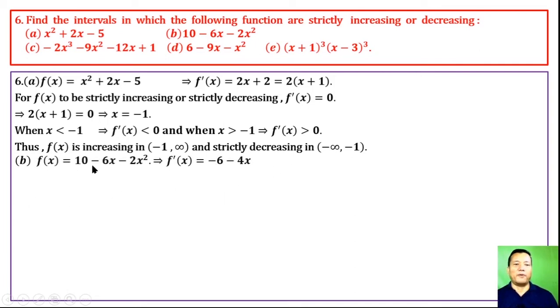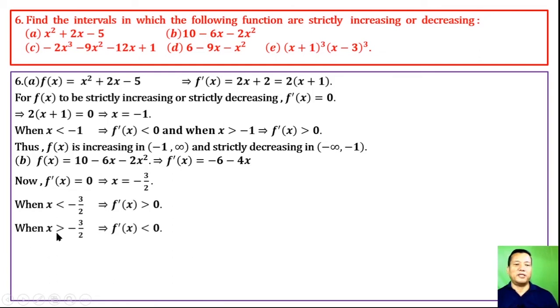For B, f of x is this, whose derivative is minus 6 minus 4x. Factorizing, now f dash x equal to 0 gives x equal to minus 3 by 2. This real number divides the set of real numbers into two open intervals. If x is any real number less than minus 3 by 2, the sign of f dash x is always greater than 0, positive.